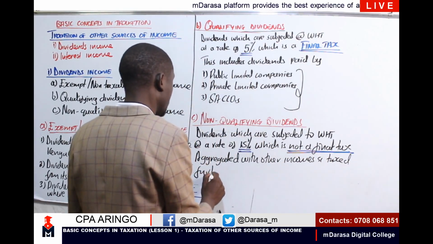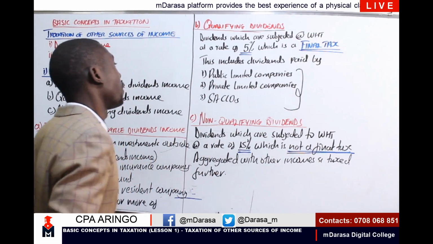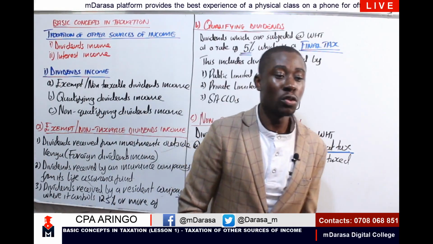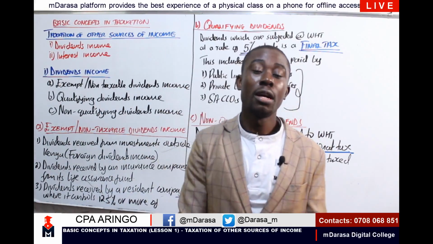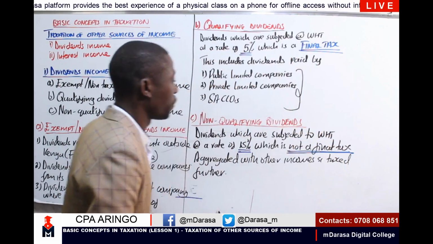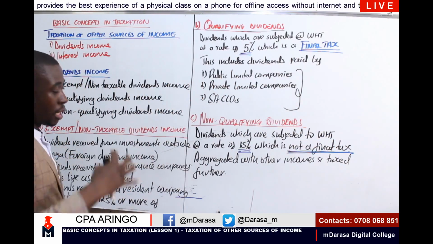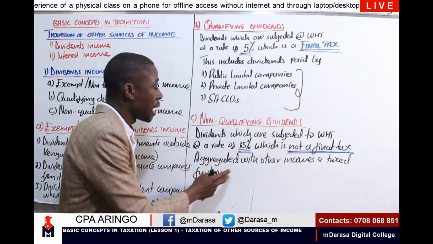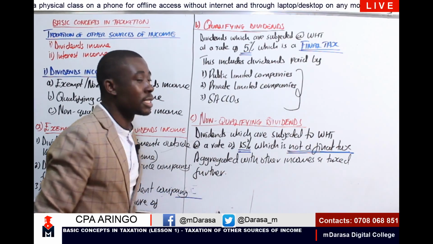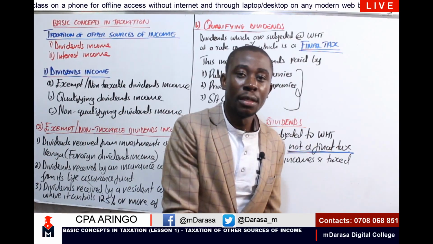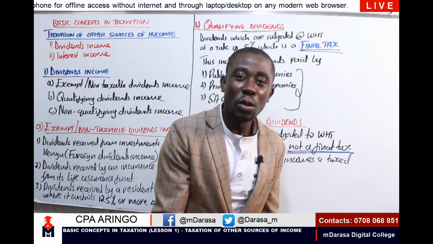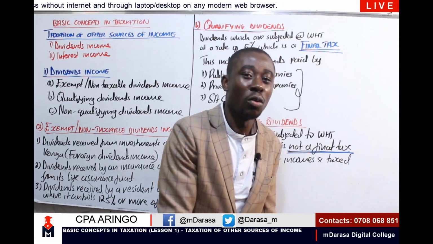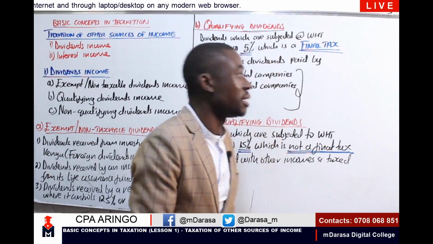If I have my other incomes, which will include, for example, rental income, farming income, and any other form of incomes, and my business income from my main operations, then in addition to these incomes we are going to add the non-qualifying dividends, which is going to be taxed further. It will be very clear when you look at all the formats of presentation in this series of ours to understand the basic concepts of tax.